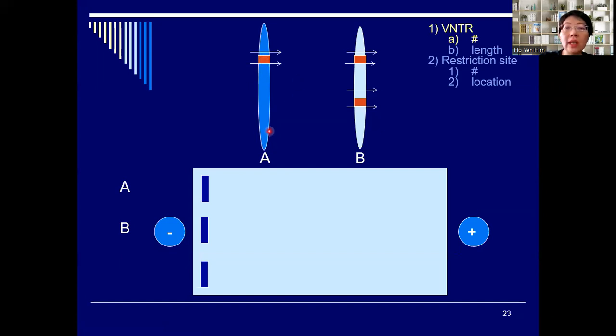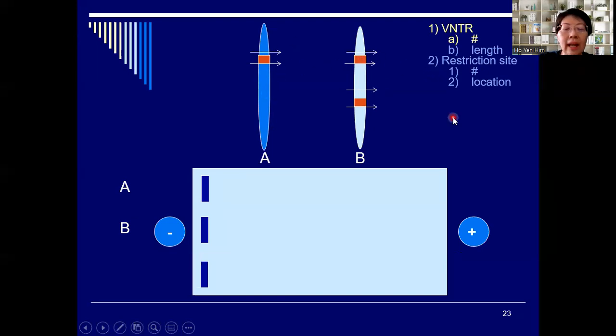You can see these two chromosomes are different because of the number of VNTR. I've made the length of the VNTR the same, only the number of VNTR differs between these two. I cut the DNA with a restriction enzyme, and we assume that the restriction enzyme will cut near the VNTR region.